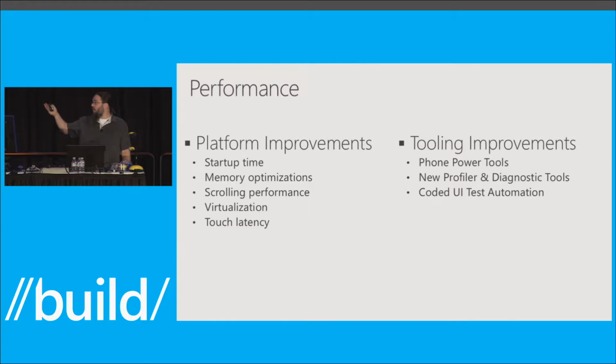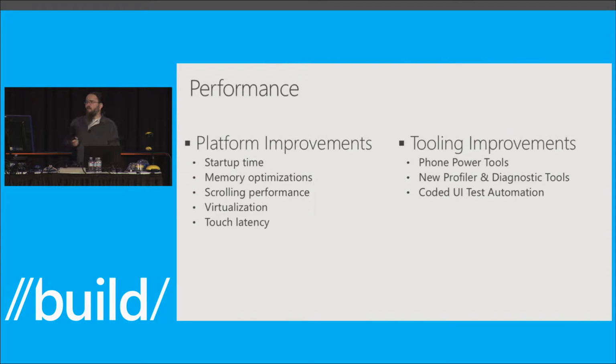You see on the left side some of the high-level improvements that we put a lot of energy on. But on the other hand, there's also a responsibility for you as the app developers to follow those best practices and test for performance to make sure your apps actually work across the entire spectrum of devices.